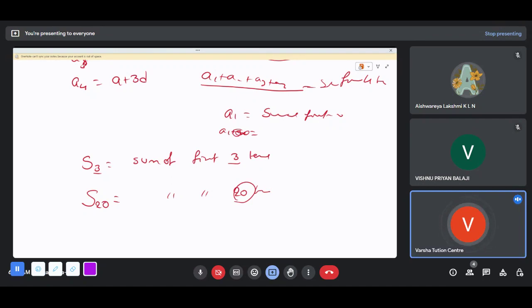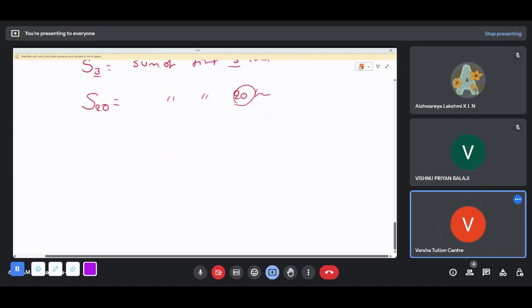Now observe carefully. For the sum, we have one special formula, that is called Sn. What is the meaning of Sn? You tell me. Sum of nth term. What is S20 then?